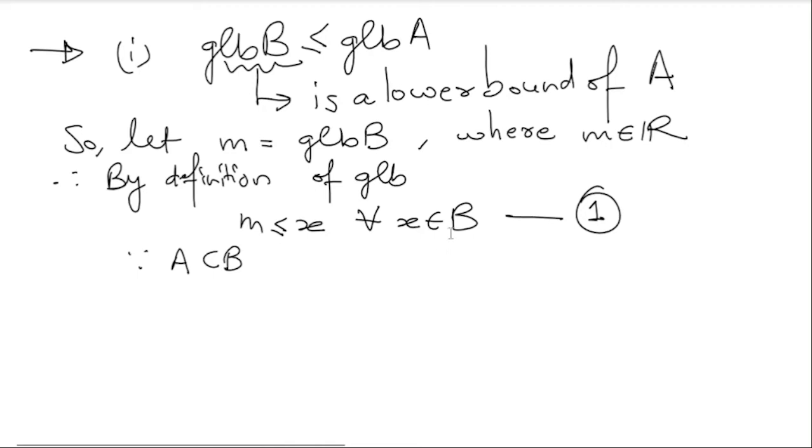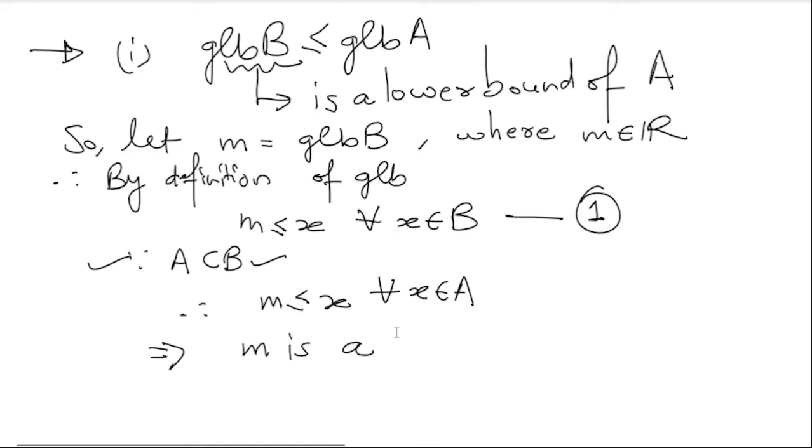So because A is a subset of B, equation 1 holds for every element of the set B, so in particular it should also hold for every element of the set A, because all the elements of set A lie in the set B. Therefore, we can conclude from 1 that m is less than or equal to x for every x coming from the set A. Now if all the elements of the set A are greater than or equal to m, then we conclude that this m is a lower bound for the set A.